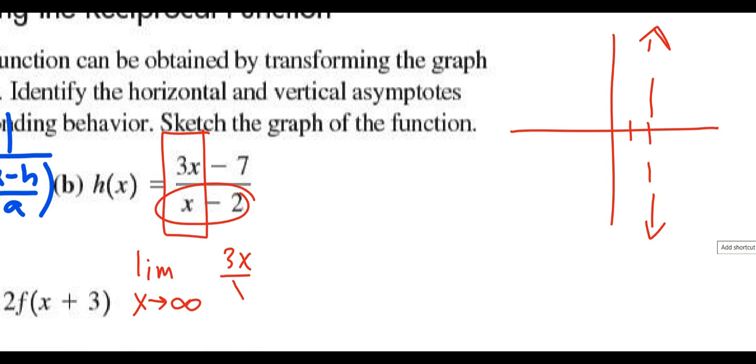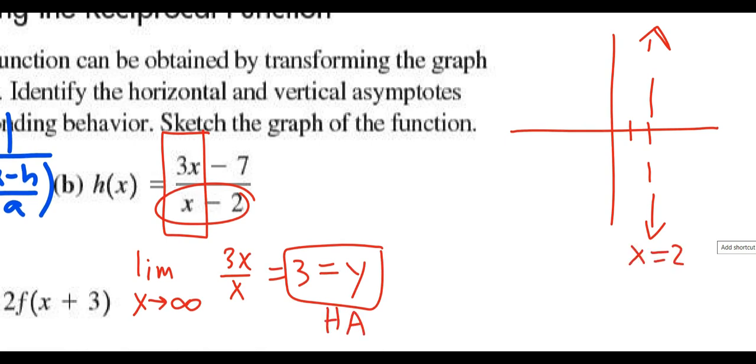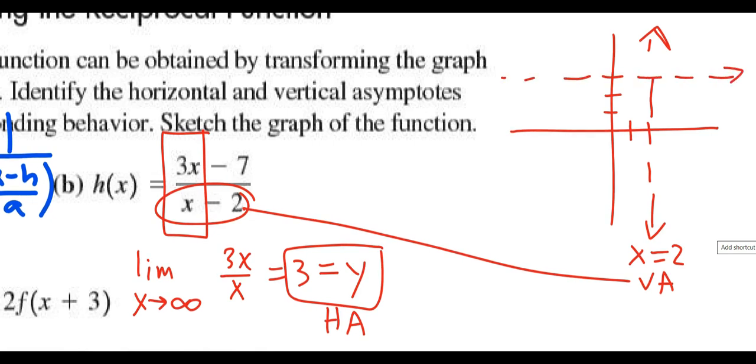And the answer is 3. Thank you very much. Notice how that was pretty nice, right? The x is canceled. So guess what? You found your horizontal asymptote. We already know the vertical was here from that. So 1, 2, 3. We've got my vertical asymptote up here.